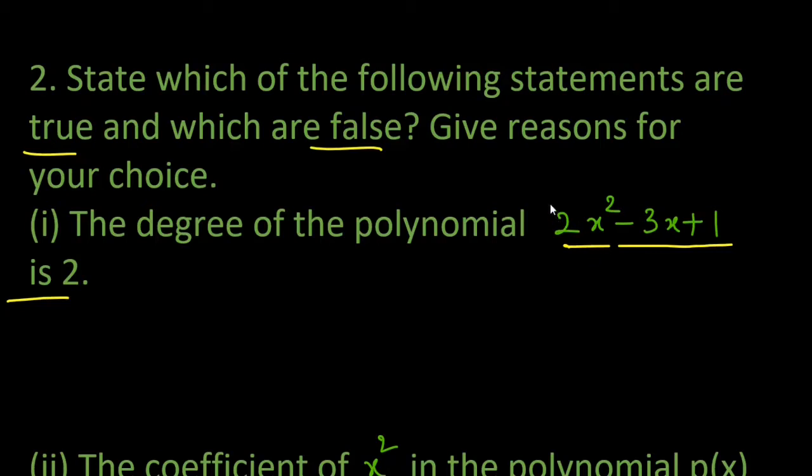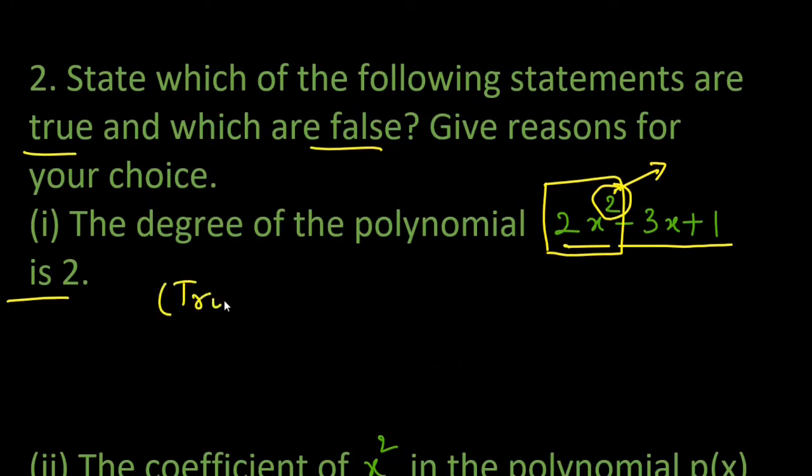Here the highest degree term is 2x square. The exponent of variable x is 2 here. This is the highest degree term. The degree of the highest degree term is the degree here. So the degree is 2.